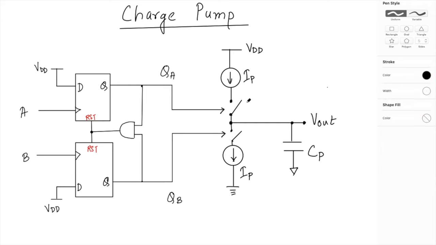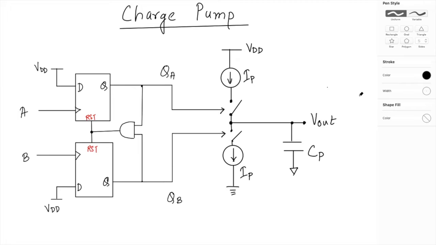Okay, so if my QA is high, this is going to turn on, the IP is going to flow here, and slowly the voltage of this capacitor is going to ramp up.